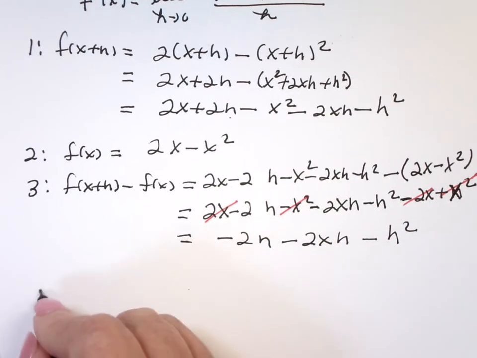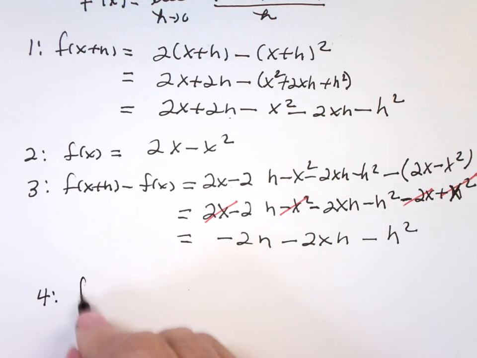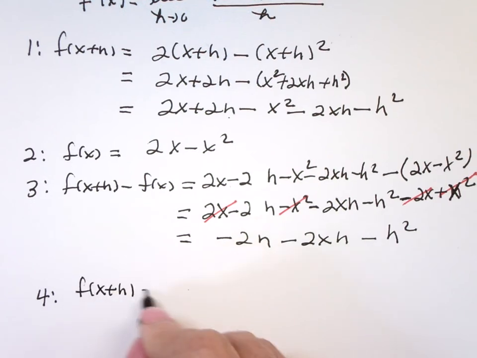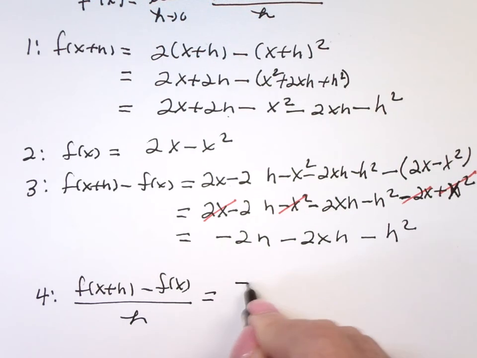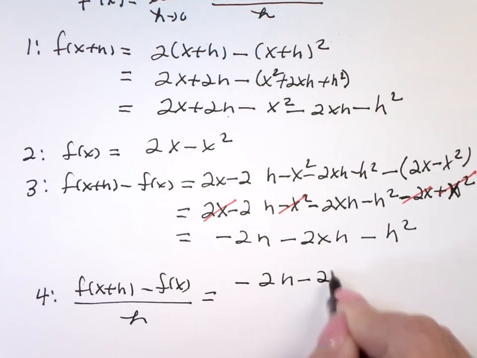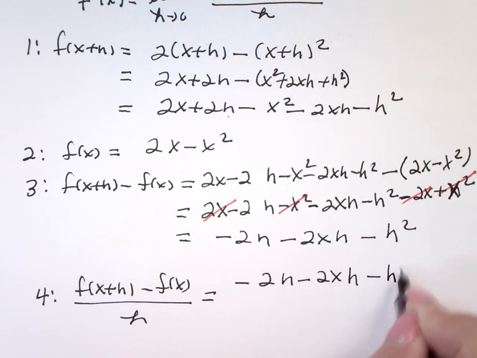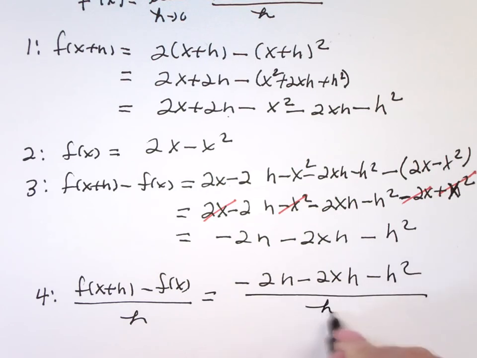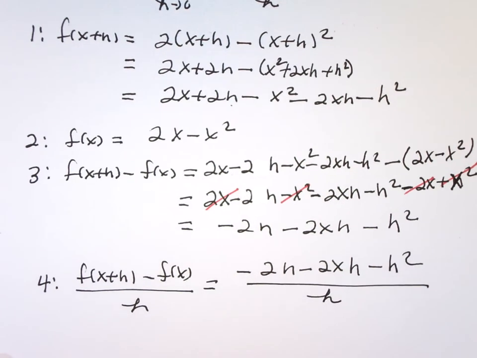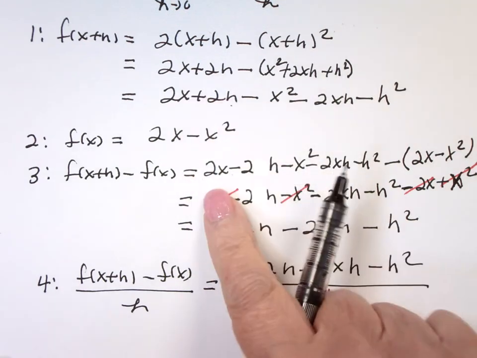Now, step 4 says f of x plus h minus f of x all over h, which is 2h minus 2xh minus h squared over h. The first term should be positive, 2h.